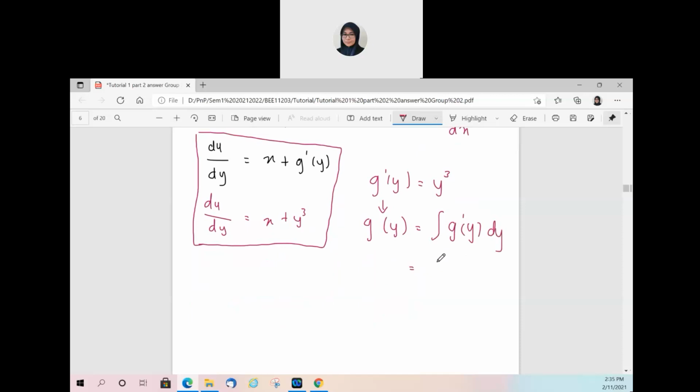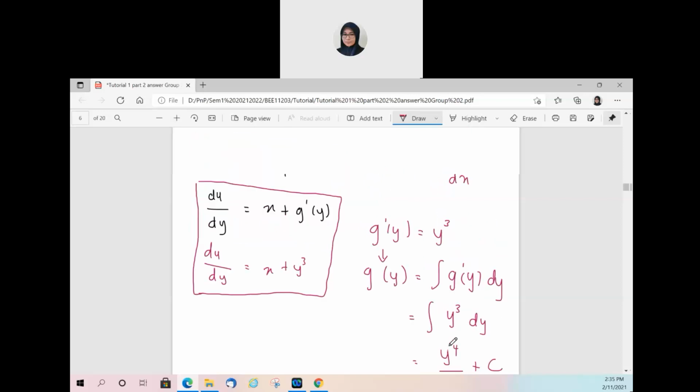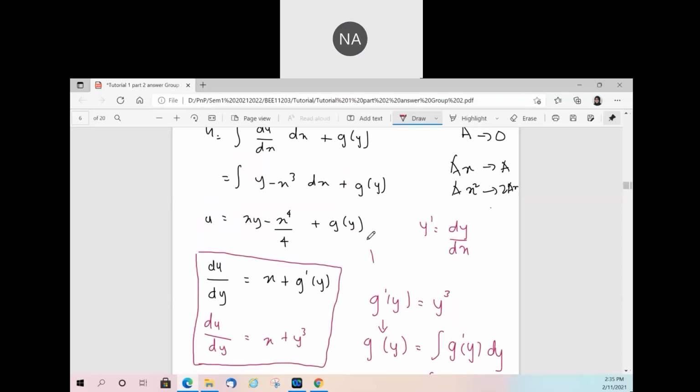So you integrate Y kuasa 3 dy. Then GY equals to Y kuasa 4 per 4 plus C. Betul? Okay. So GY you masukkan dalam rumus ni.